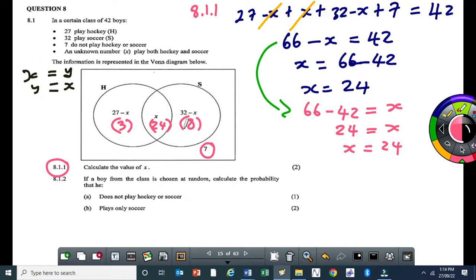Now 8.1.2 says if a boy from the class is chosen at random, calculate the probability that the boy does not play hockey or soccer.